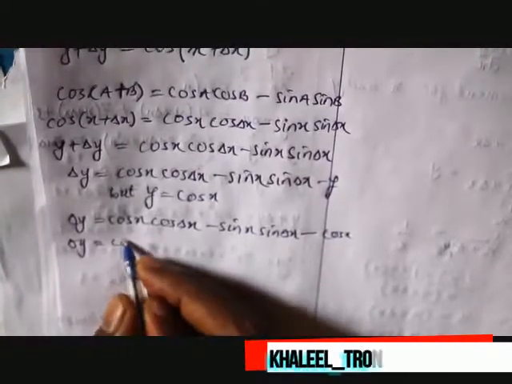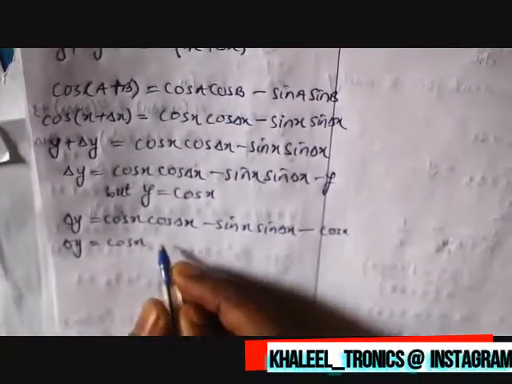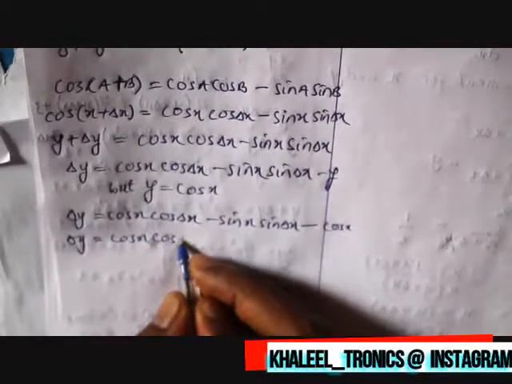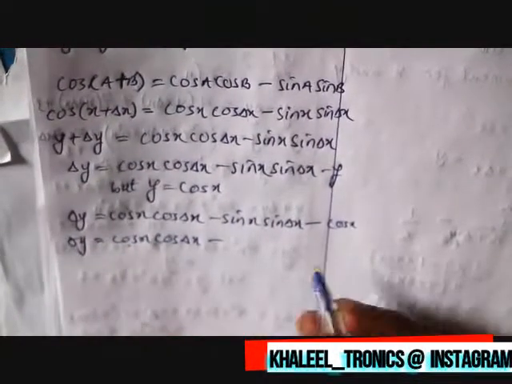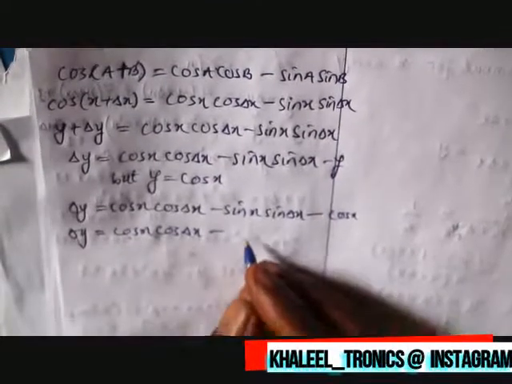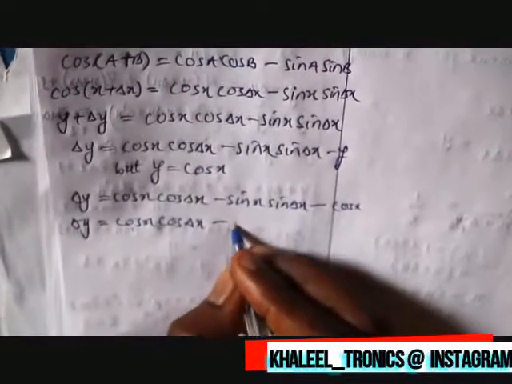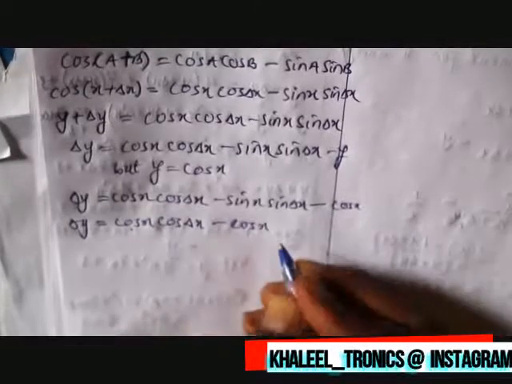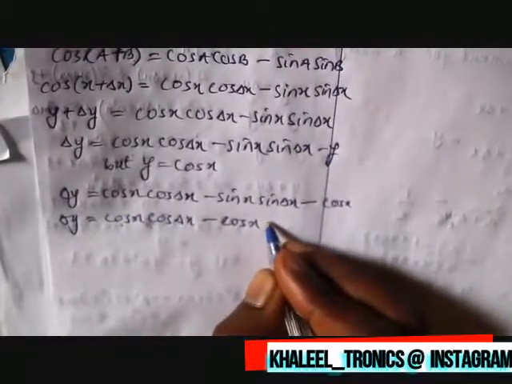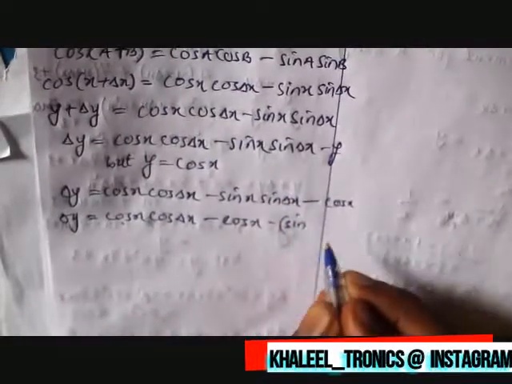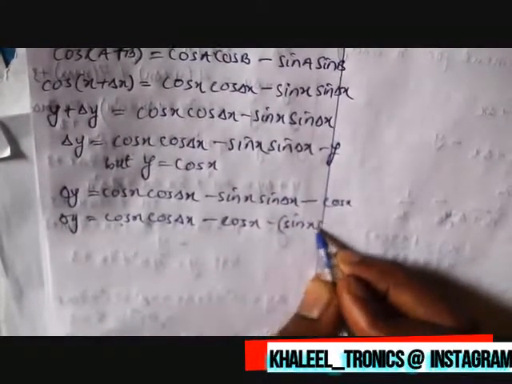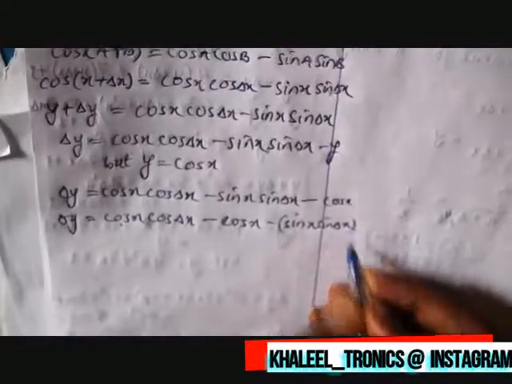Let's rearrange. dy will be cos x cos dx minus cos x minus sin x sin dx.